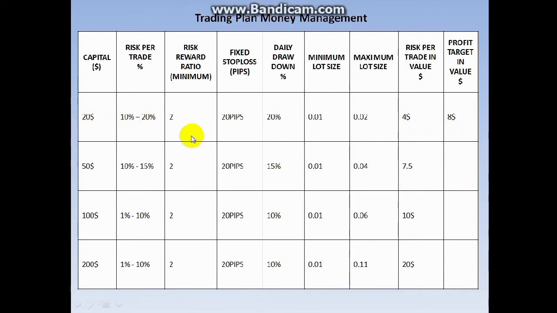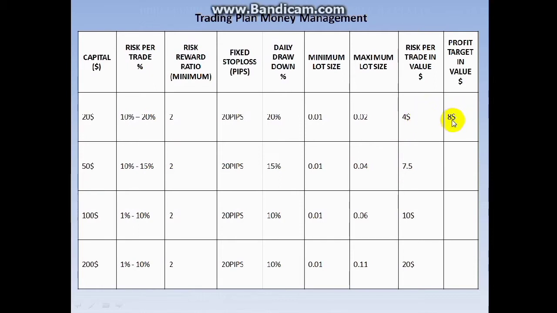Now when I referred to the risk to reward ratio, this is what I meant. So your profit target will be $8. In other words, you are risking $4 per trade you are taking and expecting to make at least 2 times your risk, back twice your initial risk.